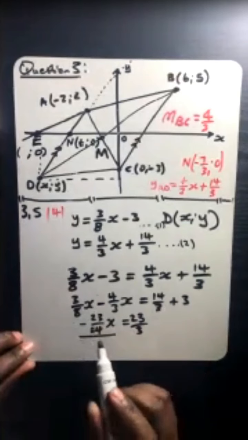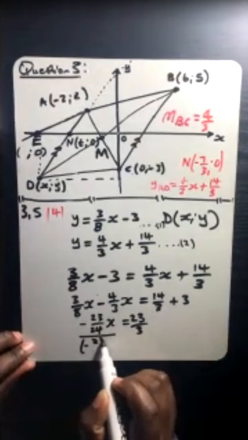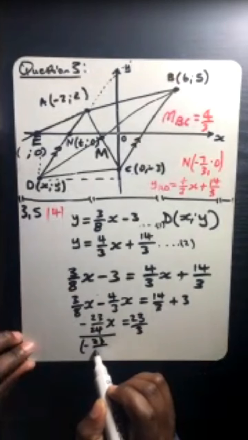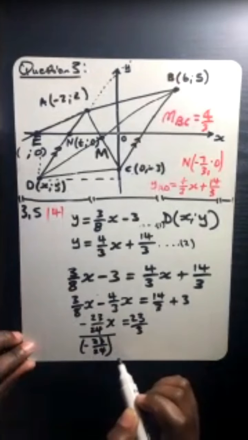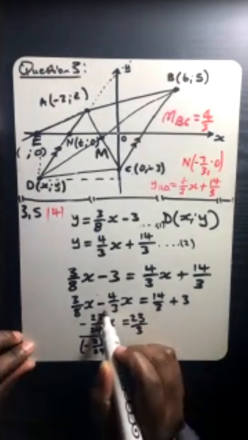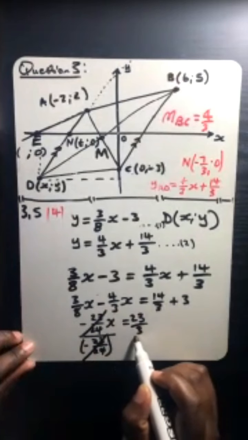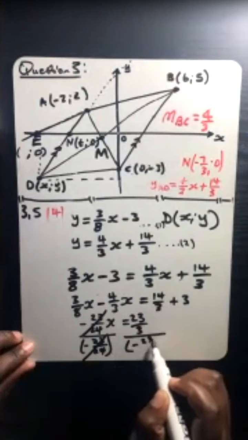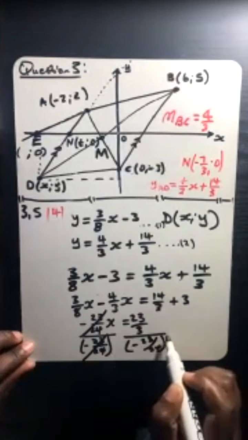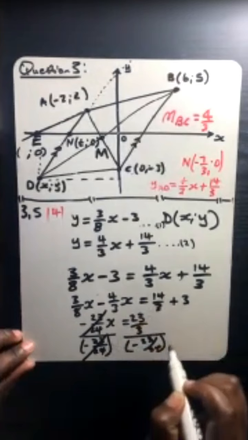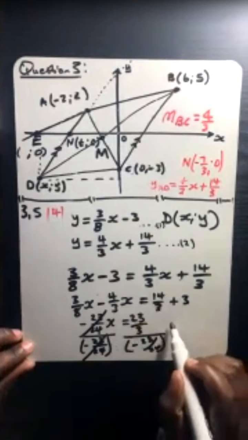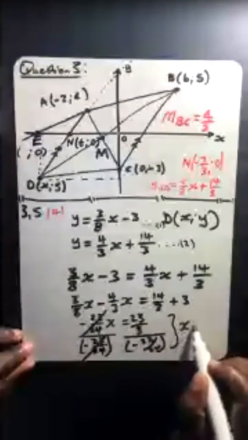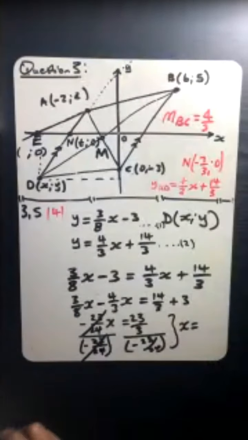So you divide by exactly that, negative 7 over 12, just so that it cancels. Whatever you do, you also do on the other side. So you have 23 over 3 divided by negative 7 over 12. Then when you punch all of this, what are you getting? Whatever you get, that means x is equal to that.